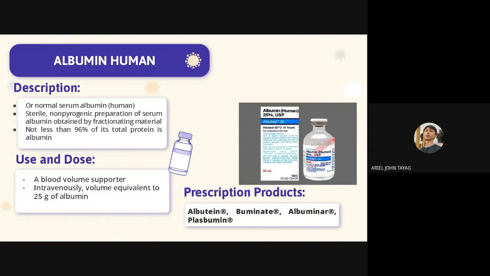So for the use and dose, it is a blood volume supporter, intravenously, volume equivalent to 25 grams of albumin. So for the prescription products, we have Albutein, Buminate, Albuminar, and Plasbumin. So next slide po.